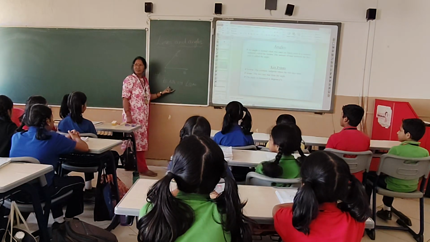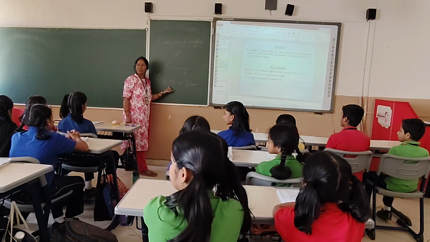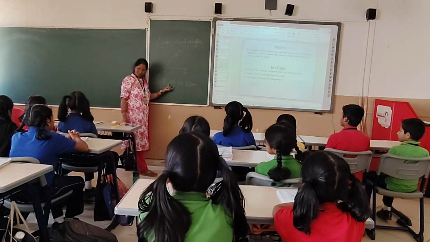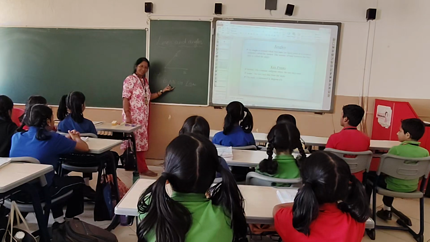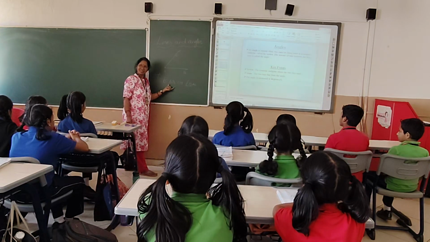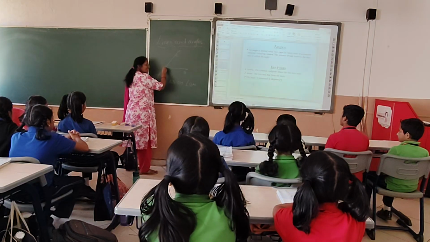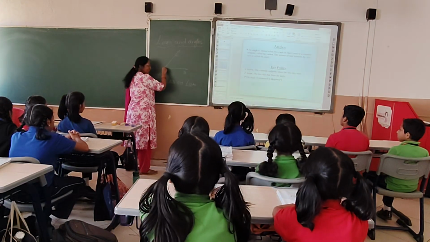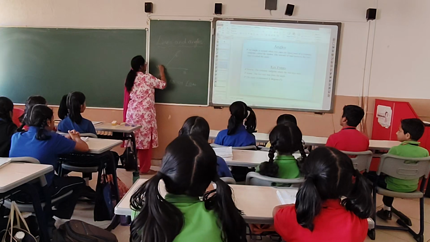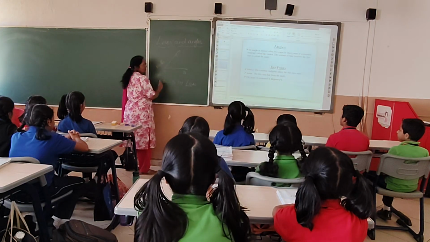A is a vertex and it is between C and B, teacher. So in the symbol, A will come in the middle. Very good. Here this point where it meets is called the vertex. What is it called? Vertex.